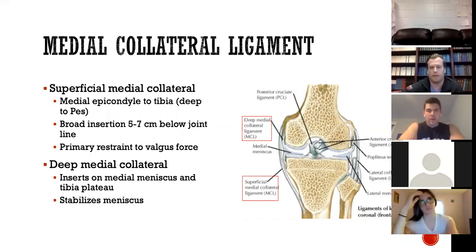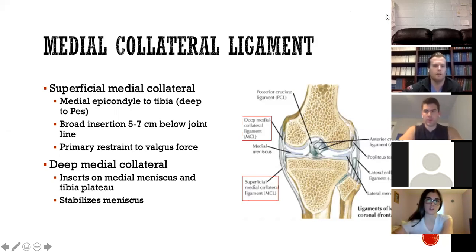The medial collateral ligament has two separate distinct portions. There's a superficial medial collateral, which is our primary restraint to a valgus force. It originates on the medial epicondyle and continues down to the anterior medial face of the tibia.